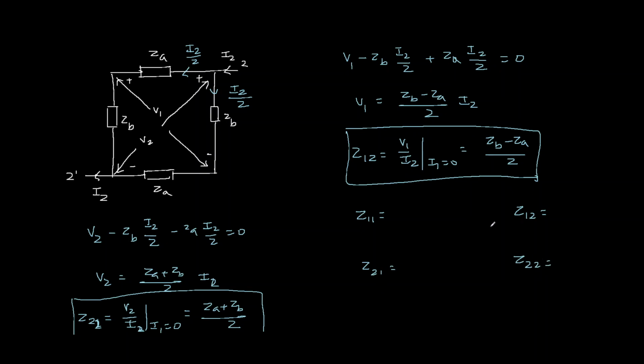Z22 is ZA plus ZB by 2, Z12 is ZB minus ZA by 2, and Z21 is also ZB minus ZA by 2, and Z11 is ZA plus ZB by 2. For the lattice network, again Z12 is equal to Z21, so this lattice network is a reciprocal circuit, and Z11 is equal to Z22, so it is symmetrical also.